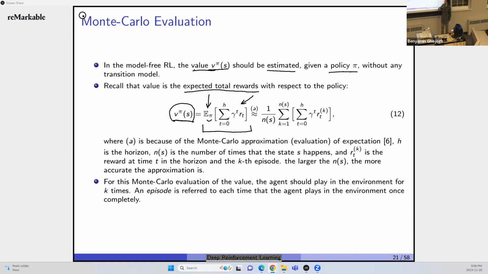This approximation is called Monte Carlo approximation. Assume I have a bunch of data points. Do you agree that these data points have some distribution, and this distribution has some mean? When we say expectation of this, we are referring to the mean of this distribution, but we don't have that, right?